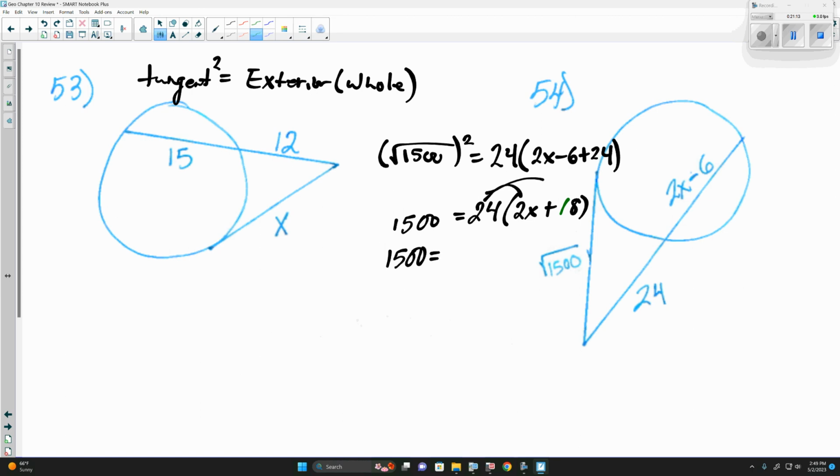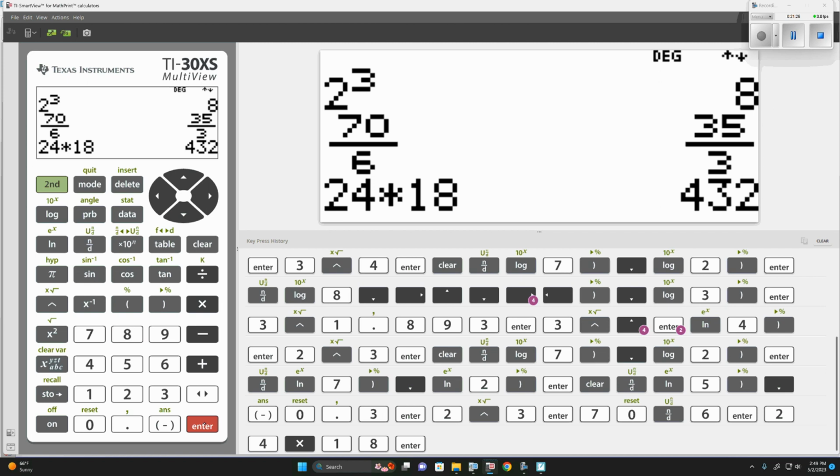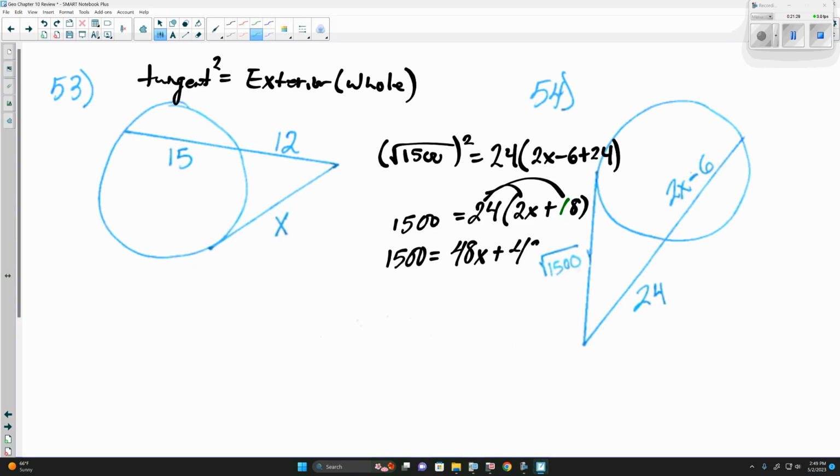Now at this point here, we can distribute. 24 times 2x is going to be 48x, plus 24 times 18 is 432. Now indeed we will subtract 432, telling us that 48x is equal to 1068.